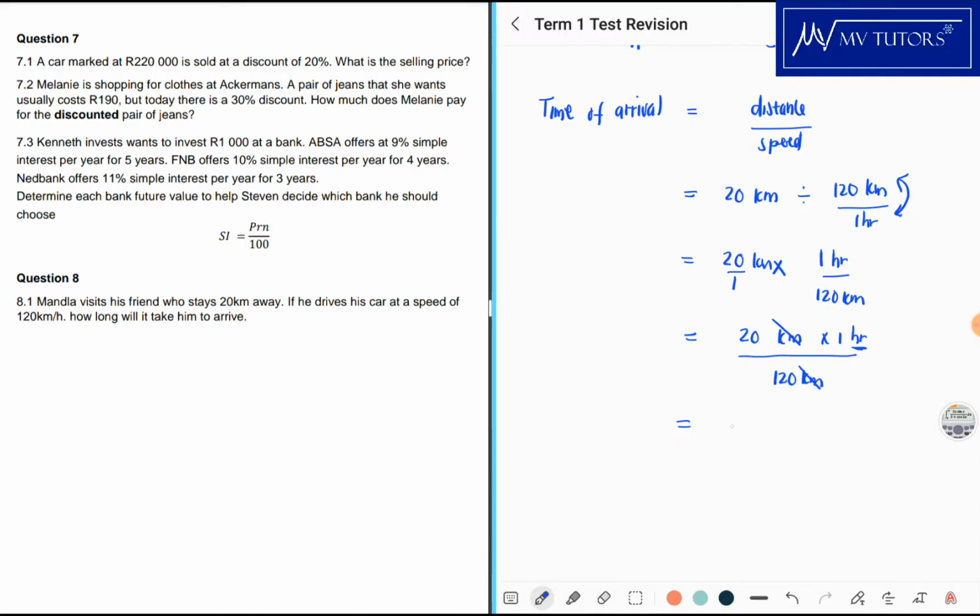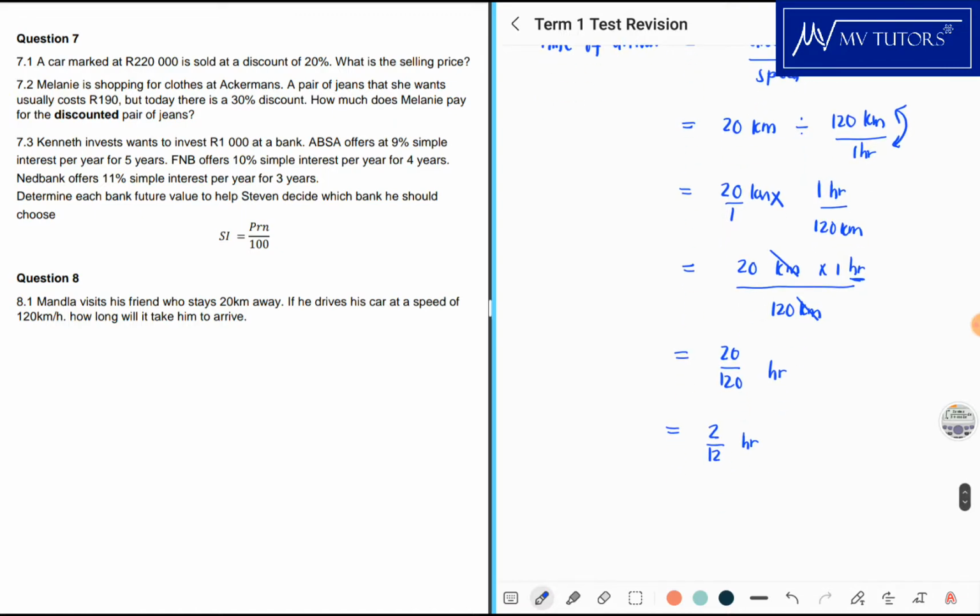So I have 20 over 120 hours, but I need to simplify it. If I divide by 10, I get 2 over 12. Actually, the highest common factor there is 20. So if I divide by 20, I have 1 in my numerator, and 120 divided by 20 is 6.